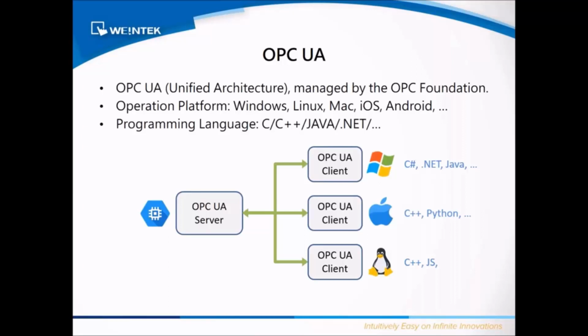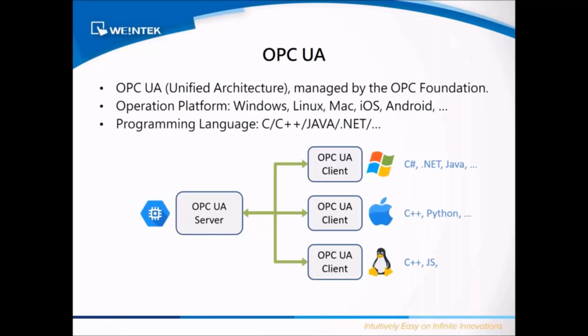So you can see the name Unified Architecture. So what they are going to do is to help everyone that wants to talk to the machine can use it on their own platform. So you can run it on Android, and you can run it on iOS, and also you can run by different programming languages, for example, C and Java and .NET and different languages.